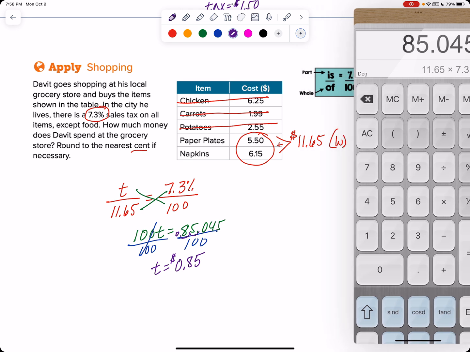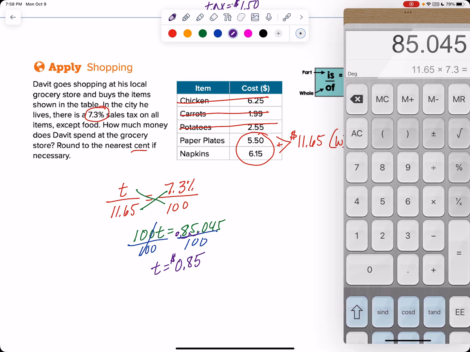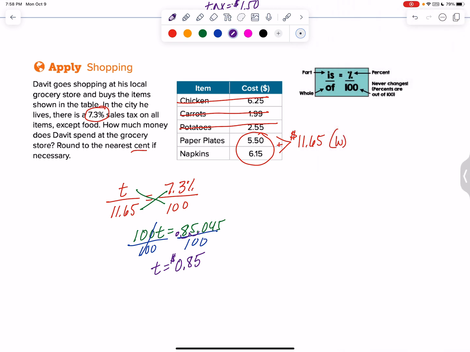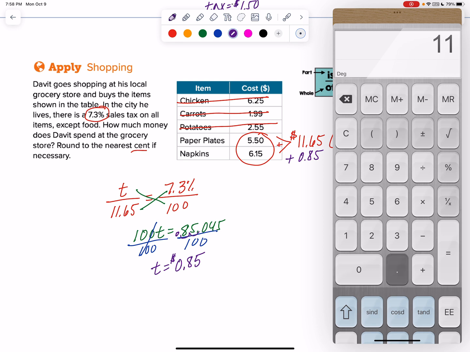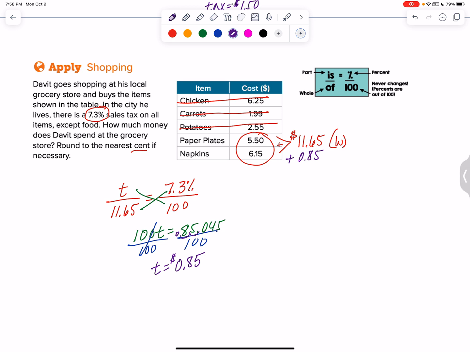All right, so how much money does he spend at the grocery store? Let's go ahead and add it up there. So $11.65 on the taxed items plus the 85 cents tax, not very much, is only $12.50. But hold on though. How much does he spend at the grocery store?